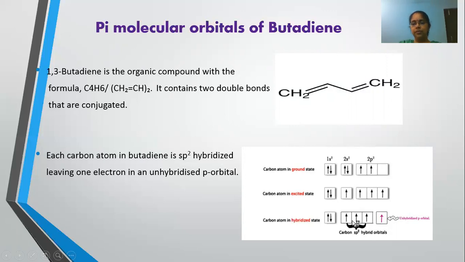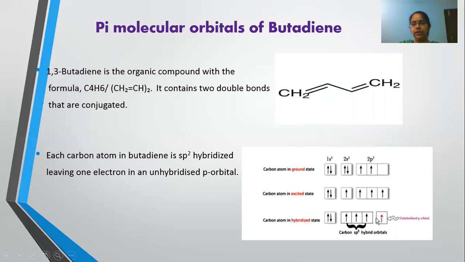Now in butadiene, one of the electrons present in the sp2 hybrid orbitals overlaps with the adjacent carbon atom, whereas the remaining 2 overlap with the 2 hydrogens. So this is the electronic configuration of the carbon atom in the hybridized state.